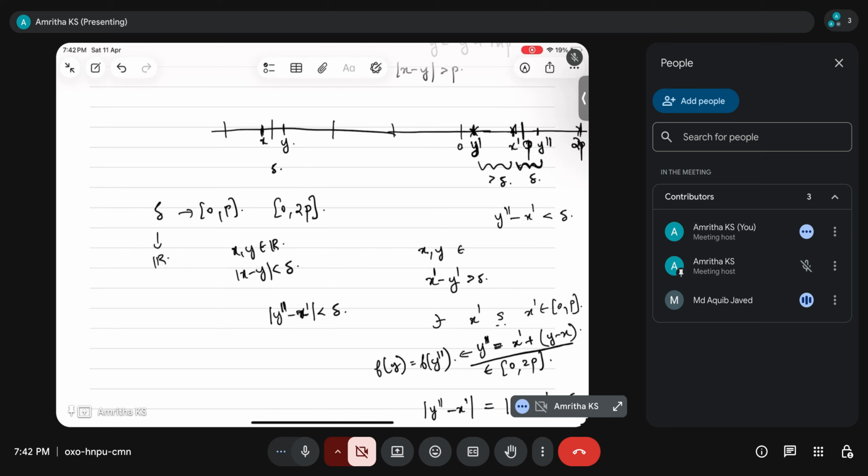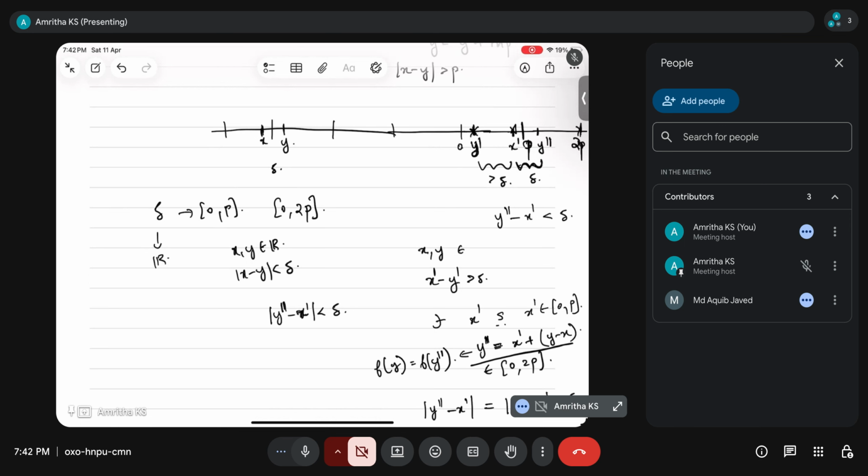So you are saying that f of y equals f of y double dash. In order for that to happen, y double dash must be y plus something into p.